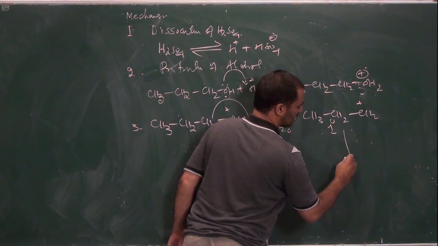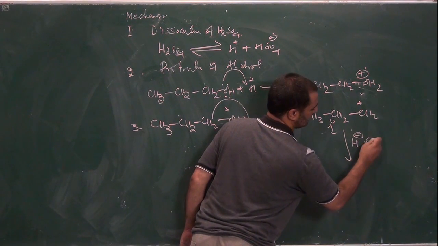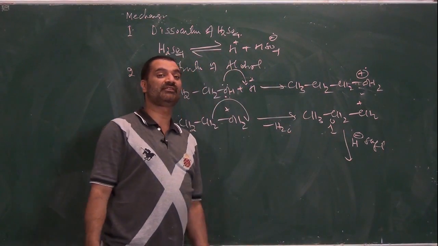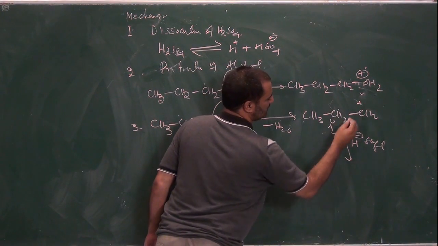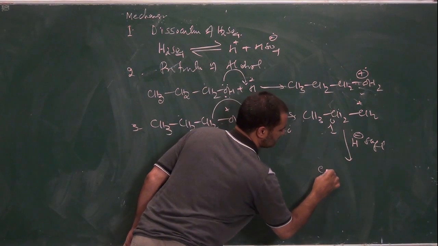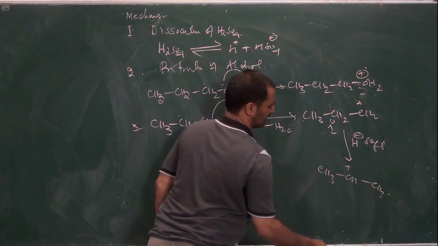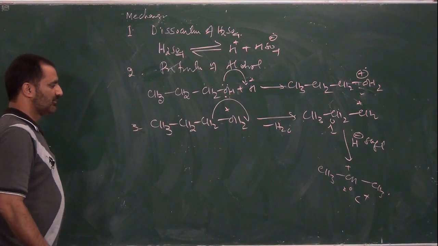This primary carbocation undergoes rearrangement, a hydride shift, which is also known as the 1,2 shift, or the Wagner-Meerwein rearrangement. The hydride gets shifted from carbon 2 to 1, giving CH3CH positive CH3. This is the secondary carbocation, which is more stable than the primary carbocation.